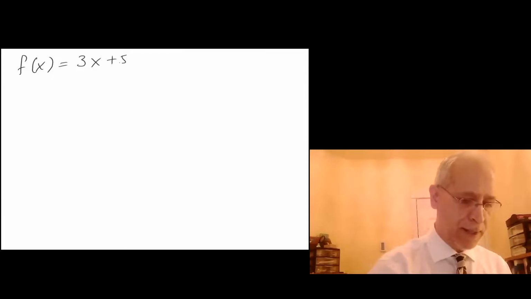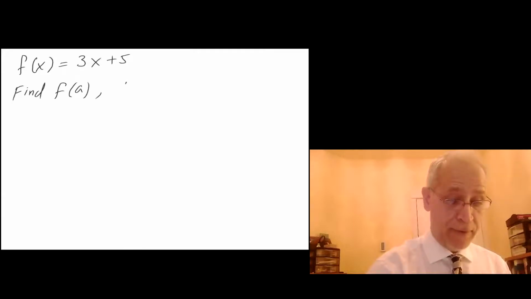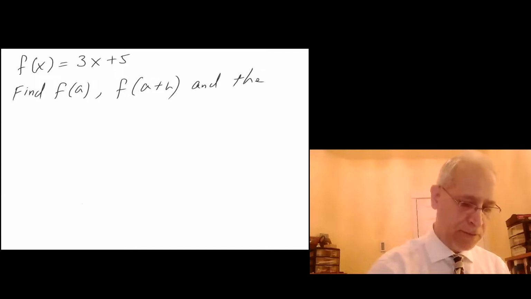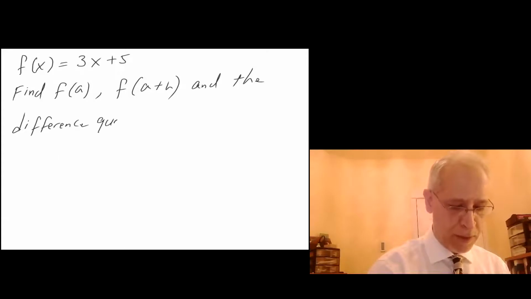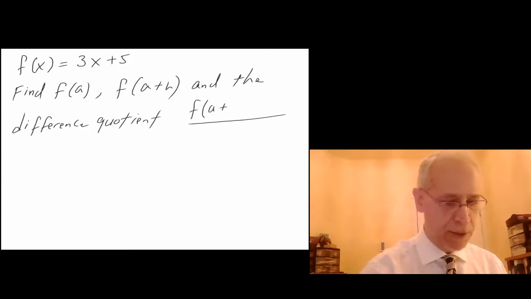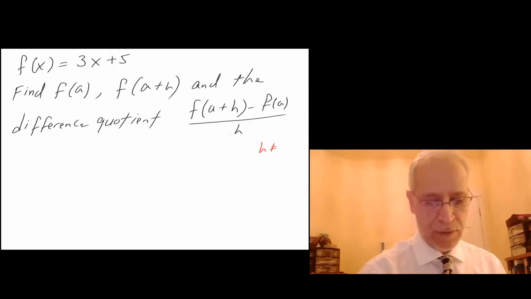And the instruction is find f of a, find f of a plus h, and the difference quotient, that is f of a plus h minus f of a all over h, with the understanding that h cannot equal 0, of course.